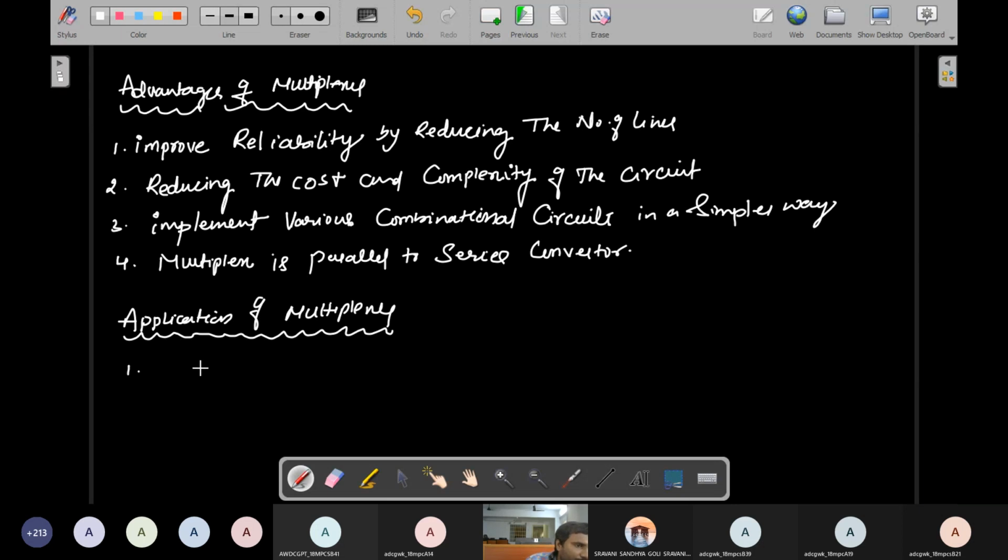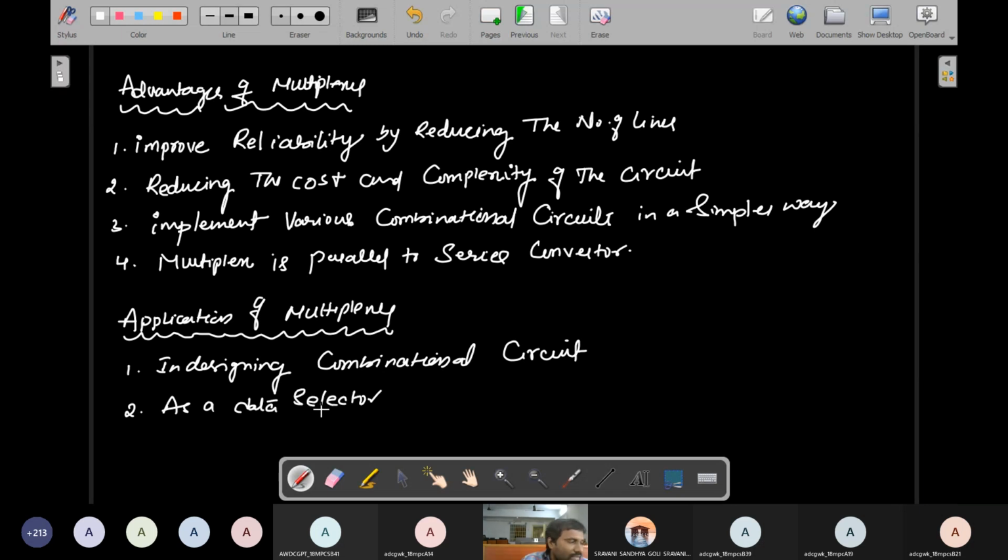So the first point is in designing combinational circuits. Any combinational circuit can be designed by using this multiplexer. And the second point is as a data selector. So multiplexer acts as a data selector.